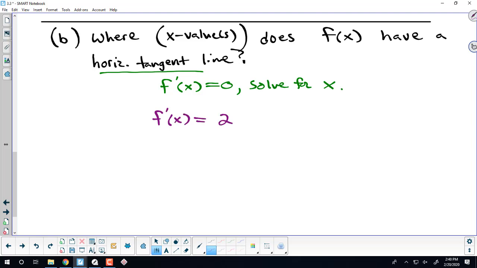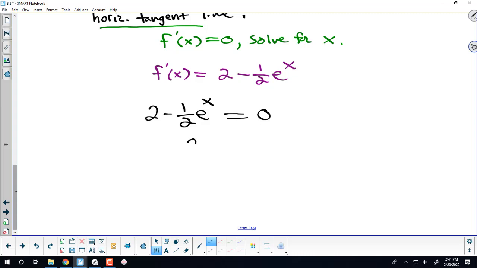Our derivative was 2 minus 1/2 e to the x. So we've got to figure out where 2 minus 1/2 e to the x equals 0. That's when 2 equals 1/2 e to the x. Add that to the other side, multiply by 2 to clear the fraction. When does e to the x equal 4?